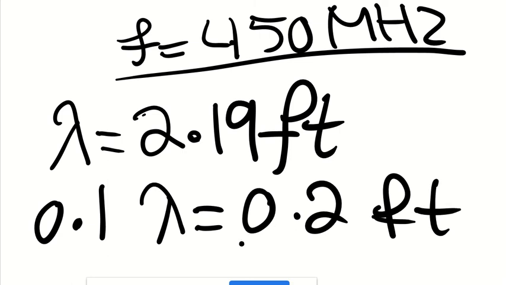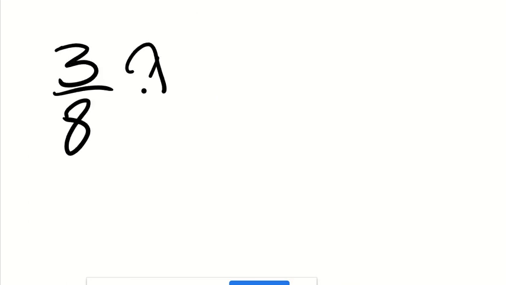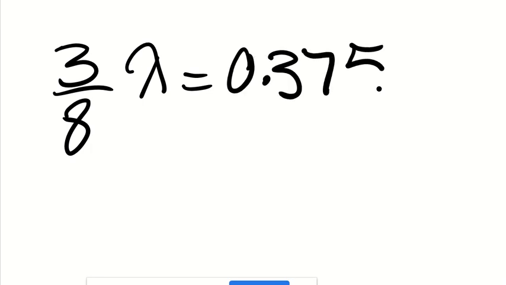So if I want to design a transmission line that is 3/8 times lambda, then that means it's 0.375 lambda.